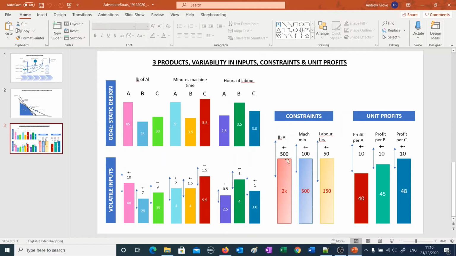And even the resource constraints vary because suppliers are inclined to have some leeway in what resources they will grant me for the different production runs. Now going forward, Adventure Boats wants to at least stabilize its product design so that this stays fixed from one production run to the next.